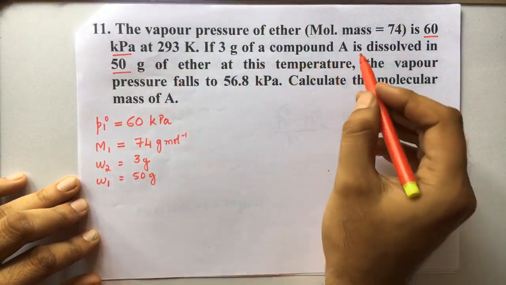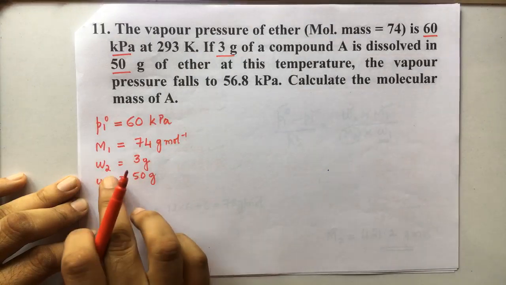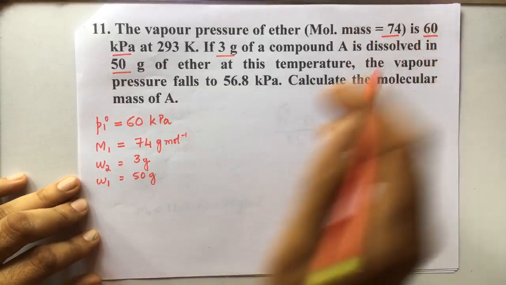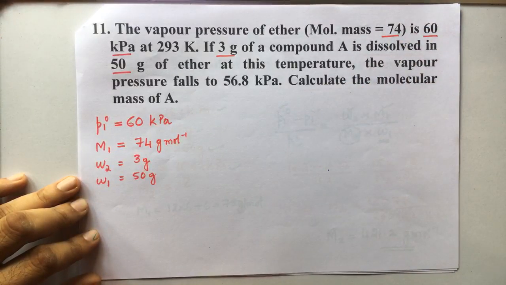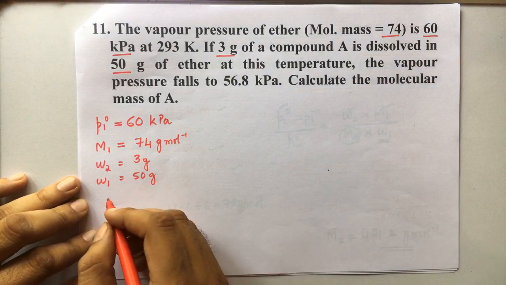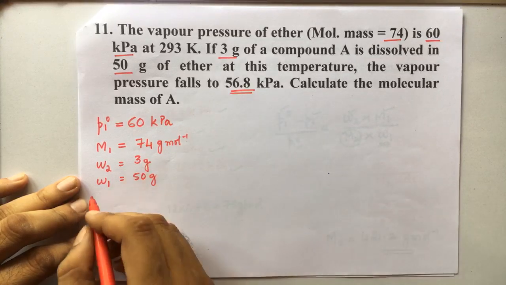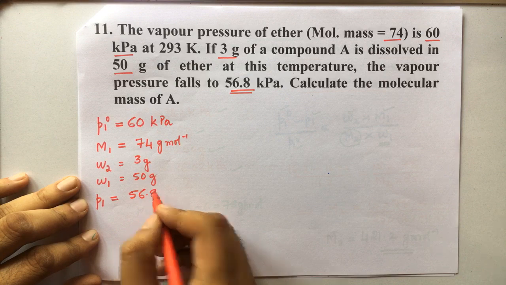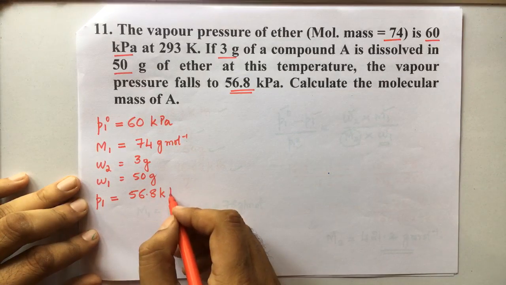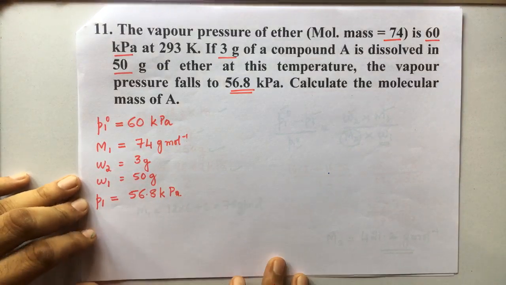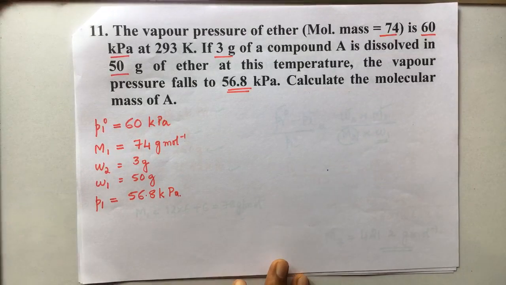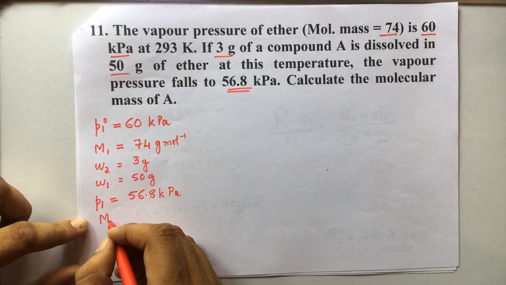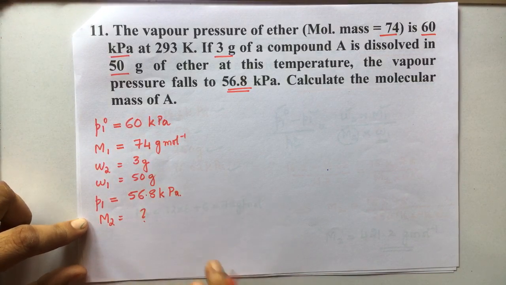This is 3 for W2, W1 is 50, this is 74 M1. The vapor pressure falls to 56.8, meaning P1 is decreased to 56.8 kilopascal. Calculate the molecular mass of A. What they are asking is M2, which is the question mark.